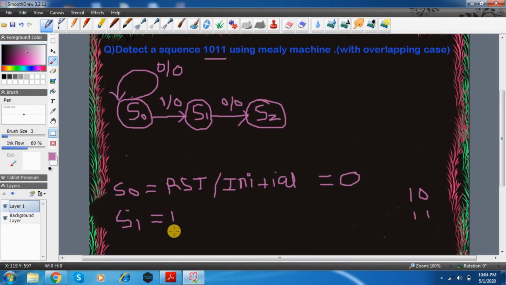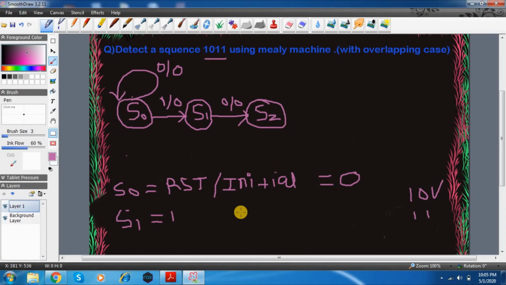Now when you are at S1, if 0 is detected, it goes to the next state. But what if 1 is detected? This is not the right sequence. So you have to look for any state that is holding this 1 1. There is no state holding 1 1.